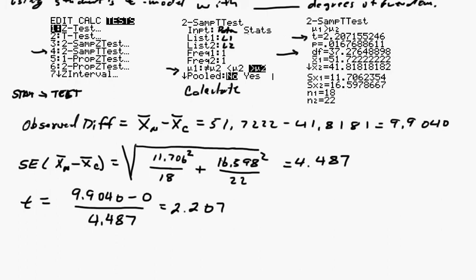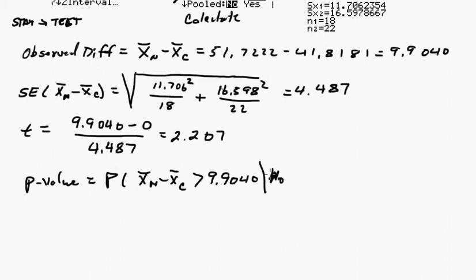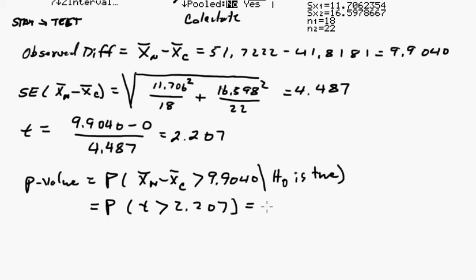Okay, so our p-value is the probability of the difference being greater than 9.9040 if H0 is true, and that's equal to the probability of t greater than 2.207. So that we could say tcdf.